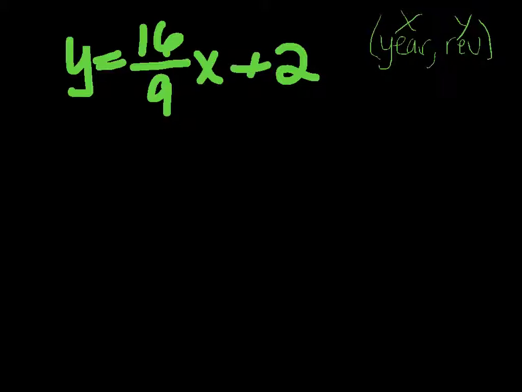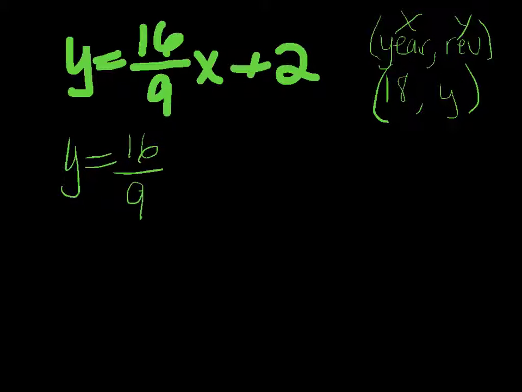So let's say in 2018, we want to know how much revenue would be projected based on our line, okay? So x is 18. So I'm going to plug in 18 for x, and I'm going to find out what y is.